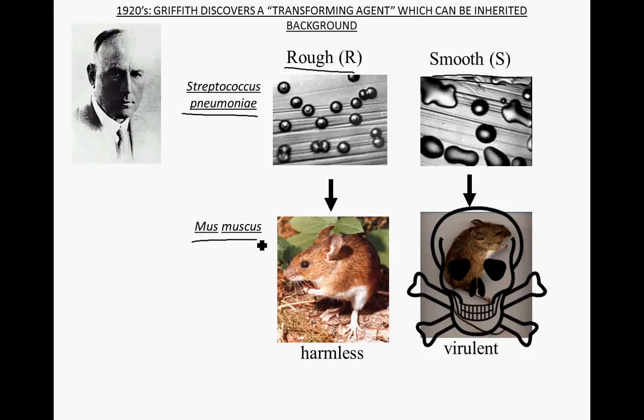So the rough version of strep pneumoniae is harmless, but the smooth strain, when you inject it into Mus musculus, is what he describes as virulent, and the mice die from that. A little gruesome, but these are the experiments he's conducting back in the 1920s.